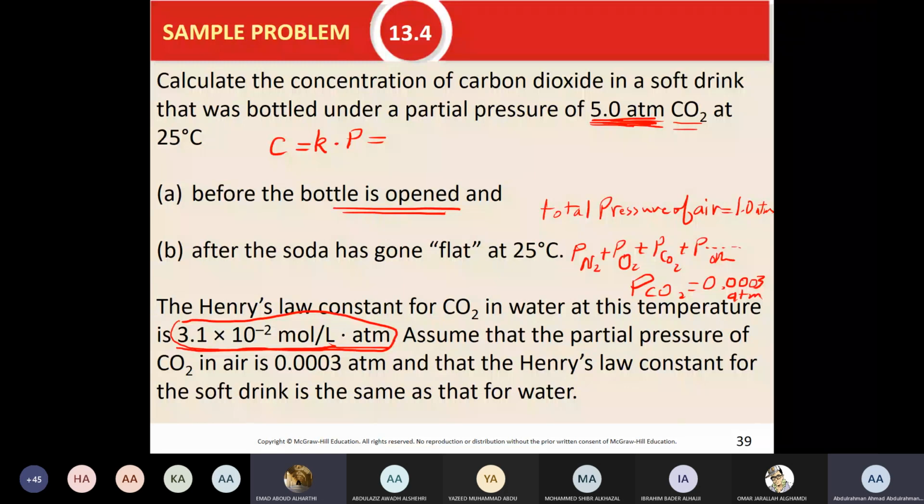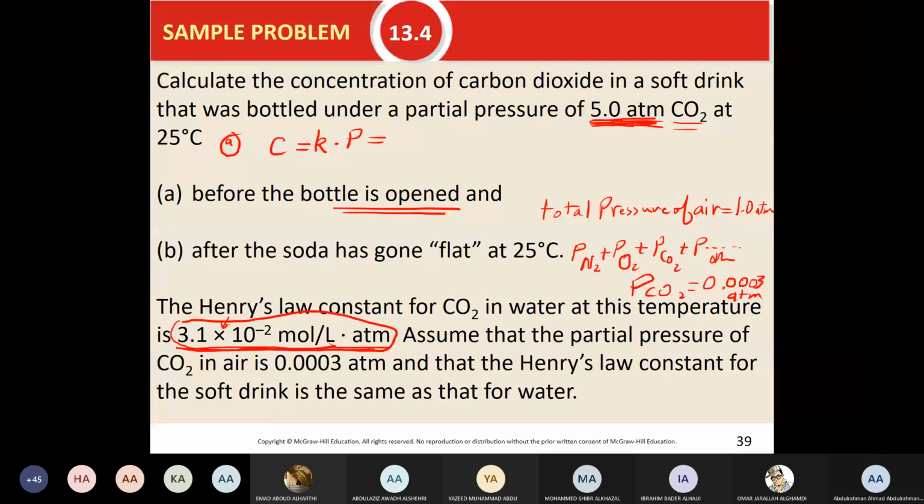Times what? The pressure before we open it is 5, and this is the Henry's constant. So multiply this number by 5.